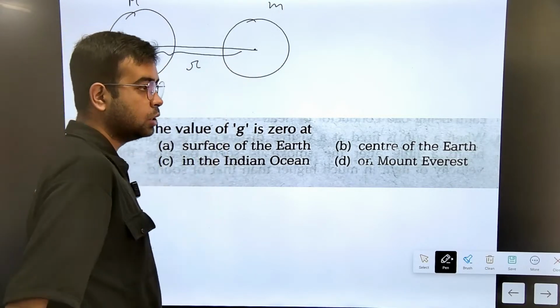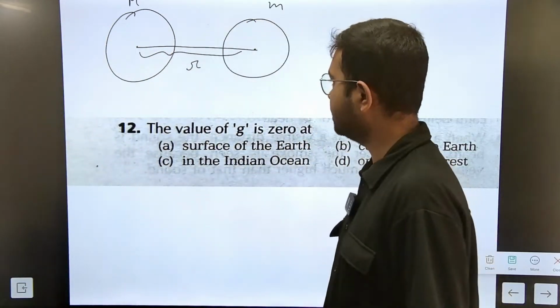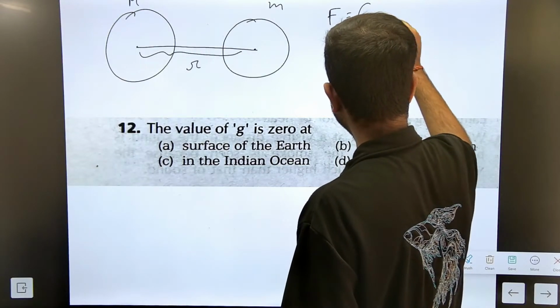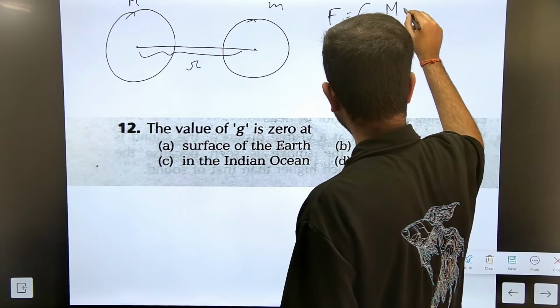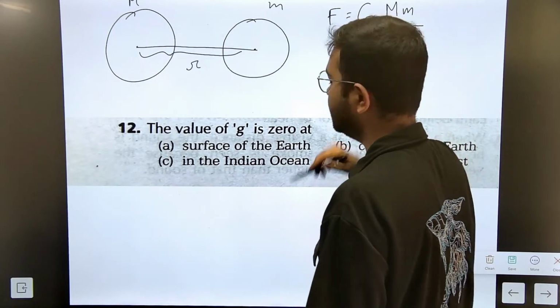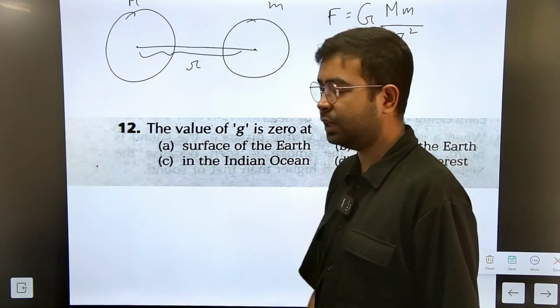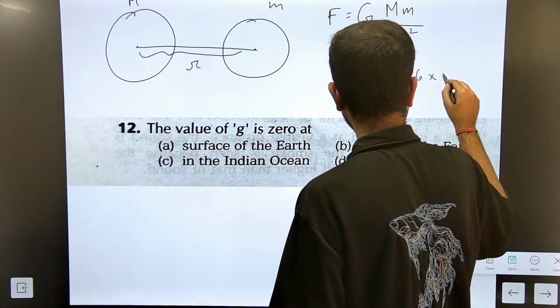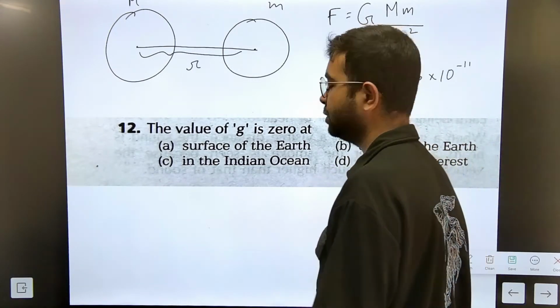So the law of gravitation is that gravitational force will be G into Mm by r square. Now what is G? G is the gravitational constant. The value of G is 6.66 into 10 to the power minus 11.